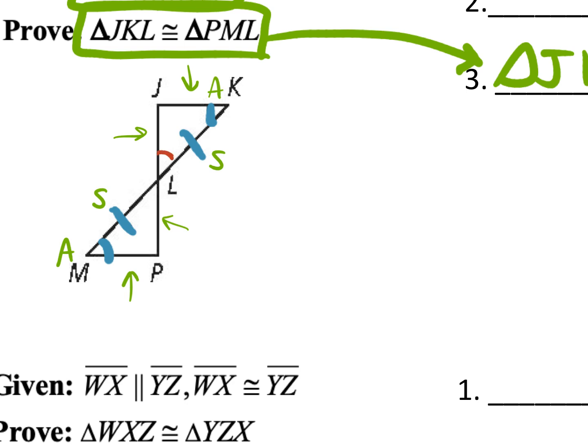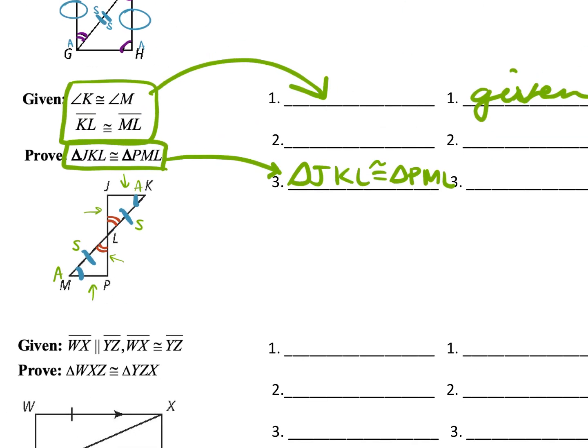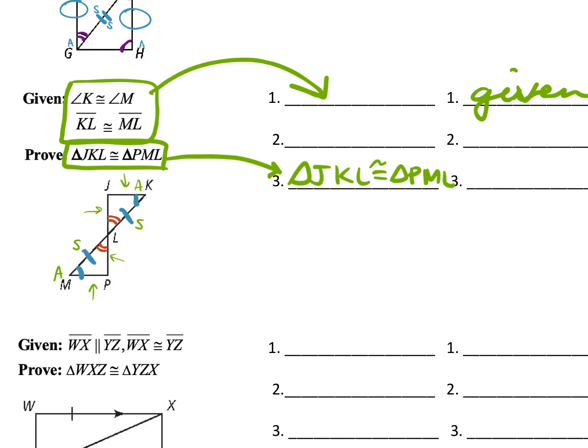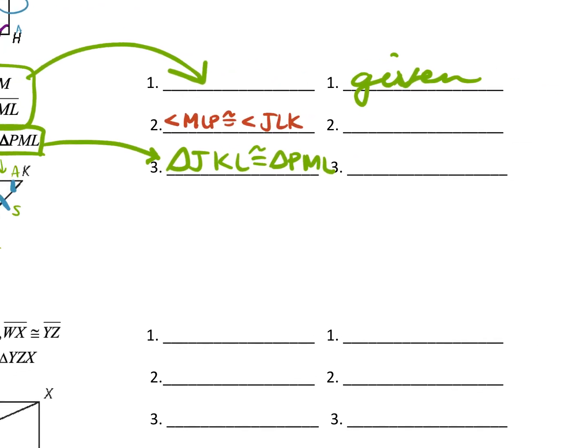What do I know in this picture? The angles. This angle and this angle are what kind of angles? Vertical angles. So we can say angle MLP is congruent to angle JLK because of vertical angles.